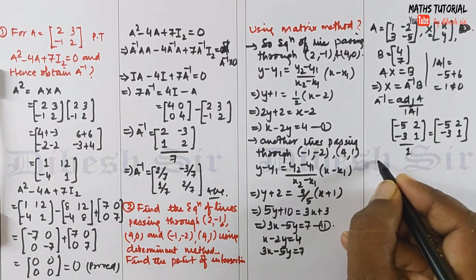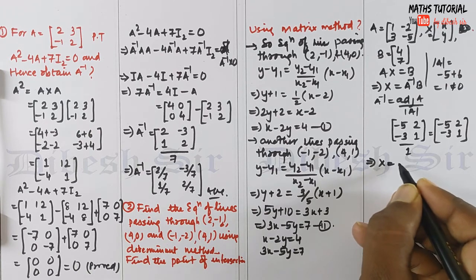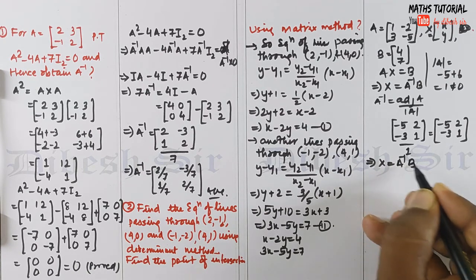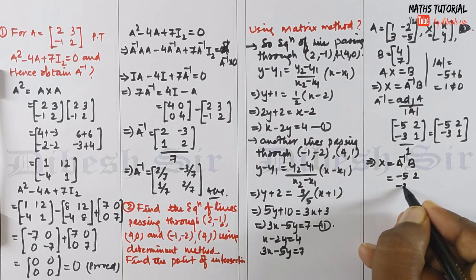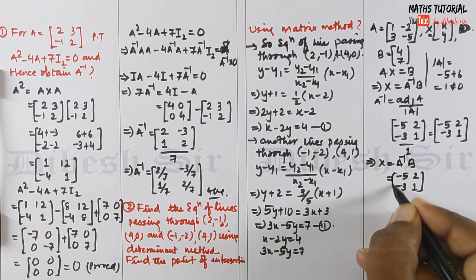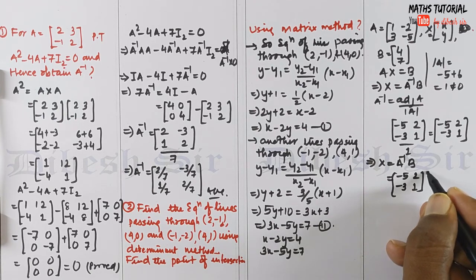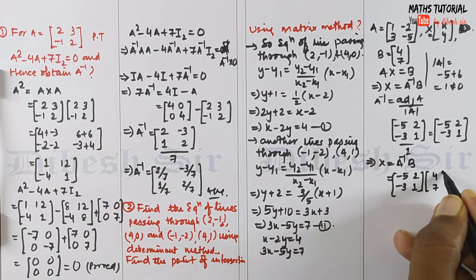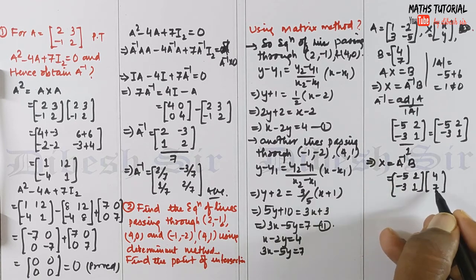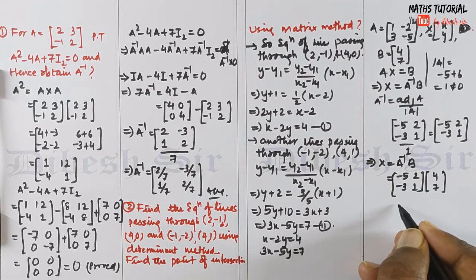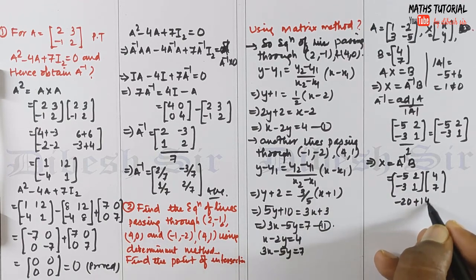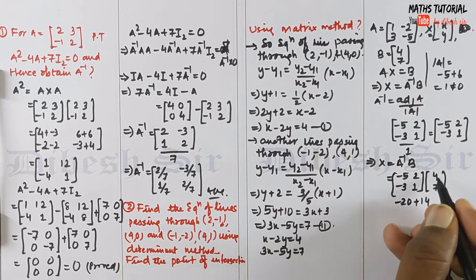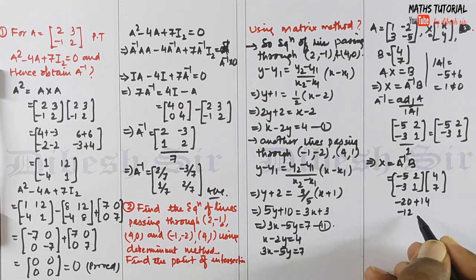Now to find X, again write X is equal to A inverse into B, that is [-5 2; -3 1] into B, which is [4; 7]. So this with this, minus 5 into 4 is minus 20, plus 2 7s are 14. This with this, minus 3 into 4 is minus 12, plus 1 into 7, that is 7.